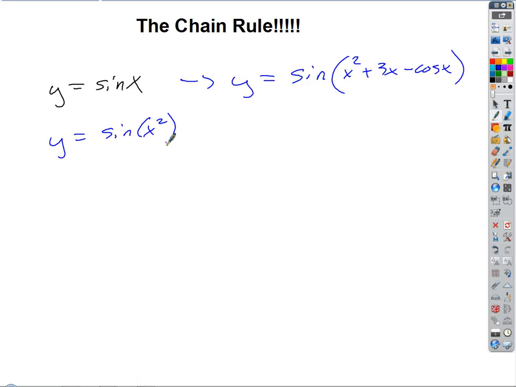I want to give you a model to use that we'll come back to, which works pretty well for the chain rule. Let's use an analog clock.